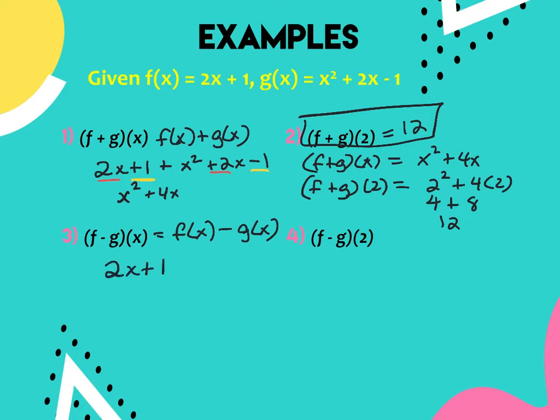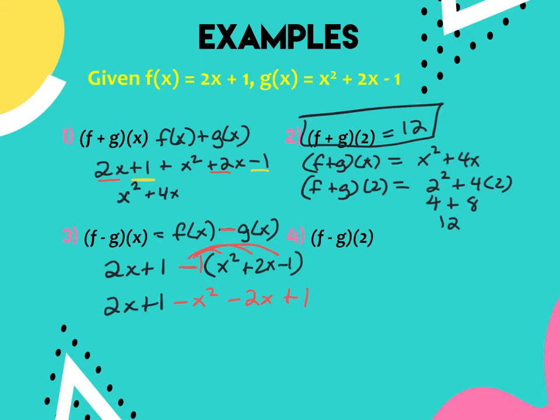But now I'm subtracting the entire g of x. Either think of this as a negative 1 that you're going to distribute, or you could do a keep, flip, change. But I'm going to distribute it as a negative 1, or distribute the subtraction sign, however you want to think of it. So 2x plus 1, and then it becomes minus x squared minus 2x plus 1.